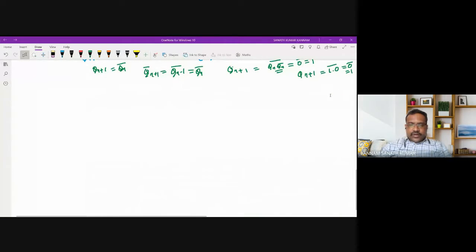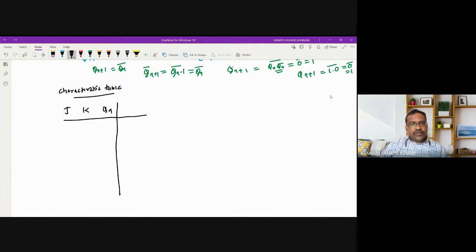So next, characteristic table and characteristic equation, and excitation table for the JK flip flop. Characteristic table for the JK flip flop: J, K, Qn, and next Qn plus 1.